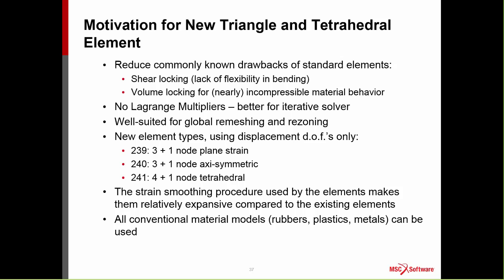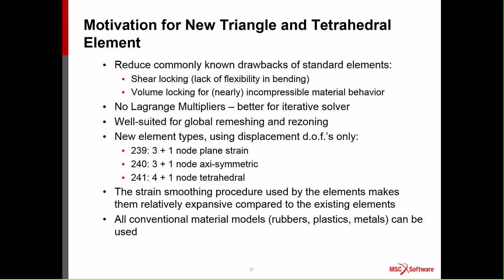We also know that they are very stiff elements. So, of course, over a decade ago, we introduced the family 155, 156, 157, which resolved many of the problems associated with incompressibility, but still basically were pretty stiff elements in terms of bending.